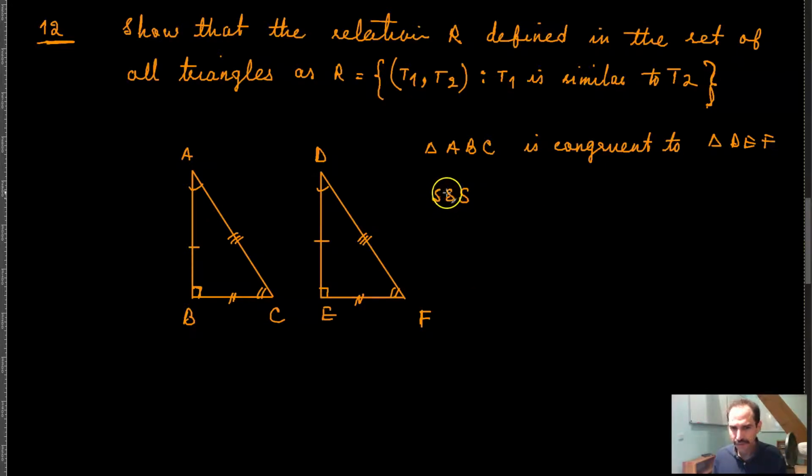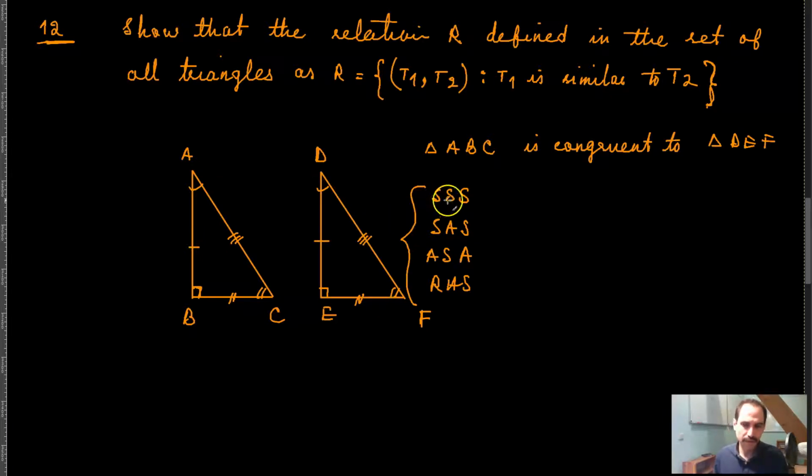There is, for example, SAS. There is, for example, ASA. I think there are 4 of them. There is also RHS. These 4 conditions are there.